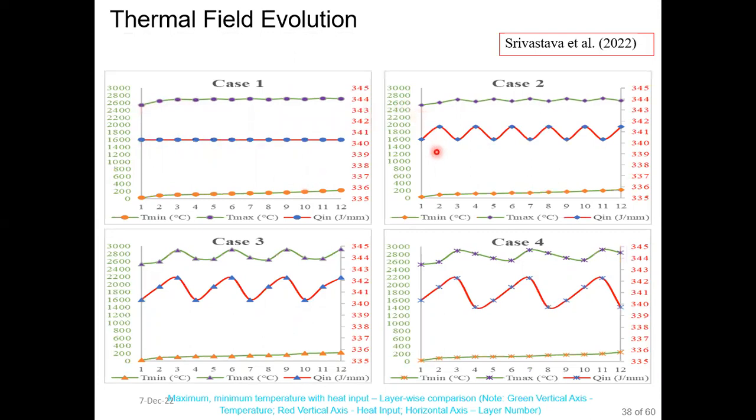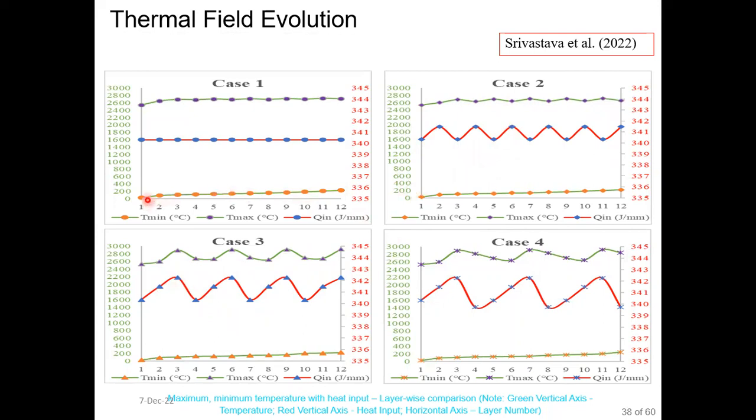For case 2, the heat inputs are lower, then higher, lower, then higher, like that. So the temperature again shows a little variation, higher, lower, like that. However, the same type of variation is more visible in case 3 and case 4, as the values of heat input vary more compared to case 2.